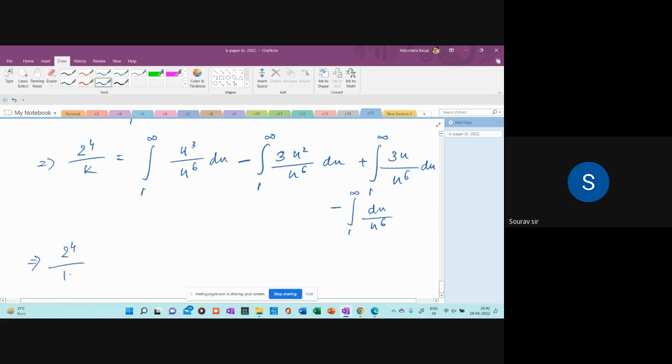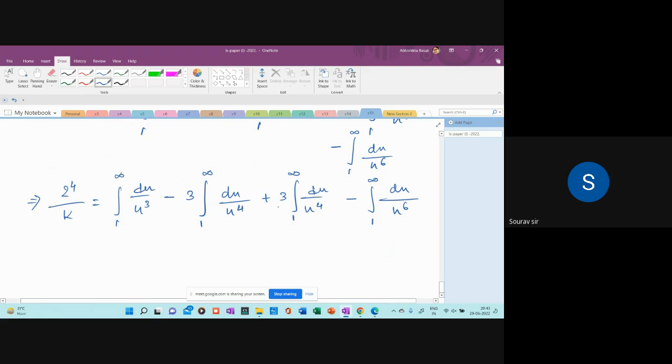2 to the power 4 by k is equals to, that is going to give me 1 to infinity 1 by u cube, minus 3 1 to infinity du by u to the power 4, plus 3 1 to infinity 1 by u to the power 4, and minus 1 to infinity du by u to the power 6.